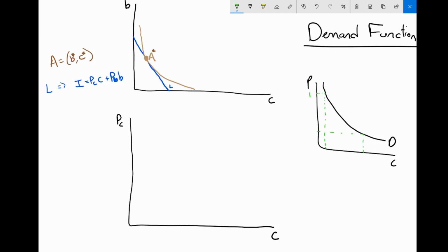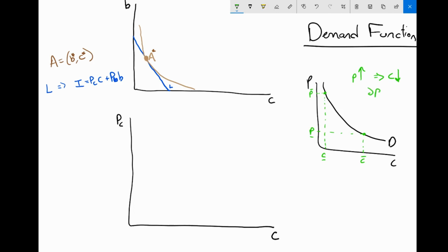If the price is really high, way up here, then I will demand very little. If the price is very low, I'll demand much more. So as price increases, the quantity demanded decreases, right? There's this negative sloped relationship.